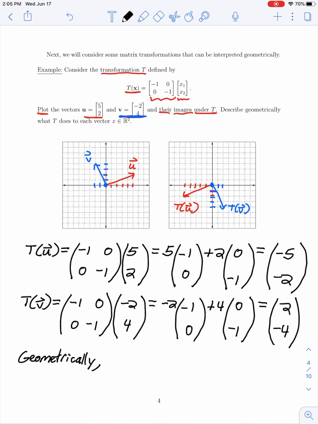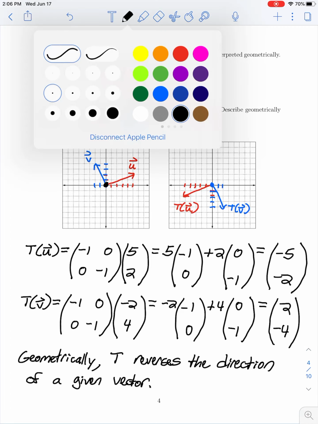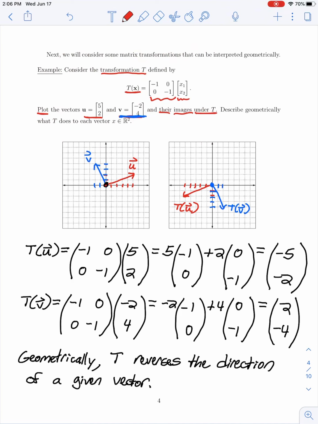we could say geometrically the transformation T reverses the direction of a given vector. Another way which we could think about this is as reflection of our vector through the origin itself. Our initial vector u was shown here in red. Its transformation was the following vector.